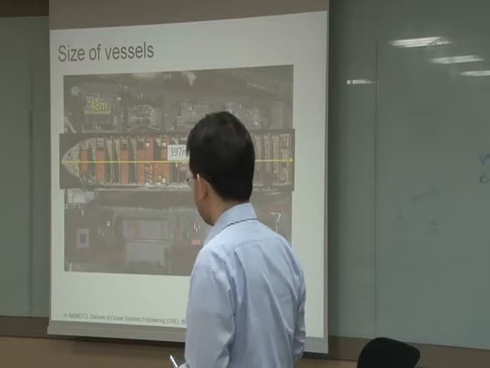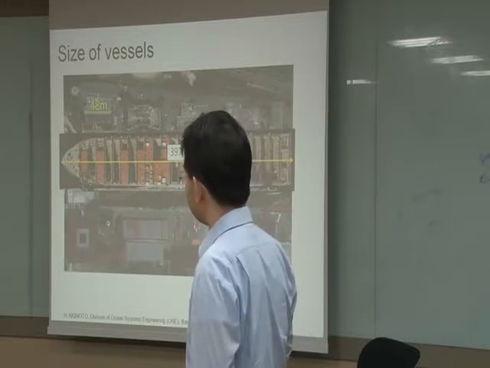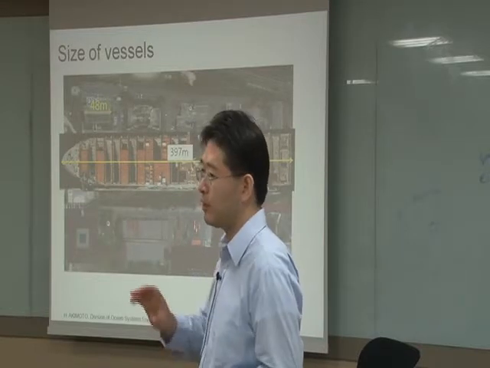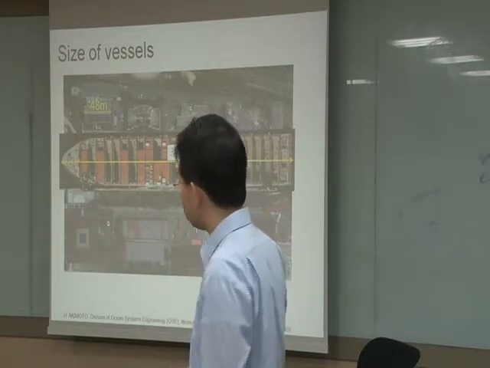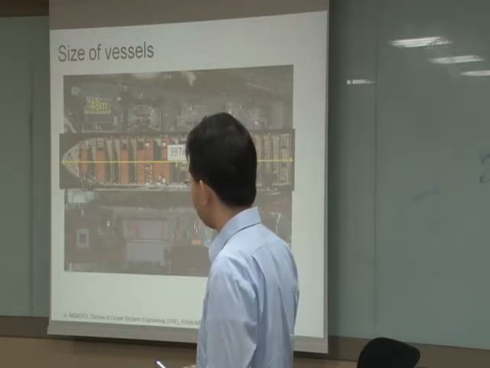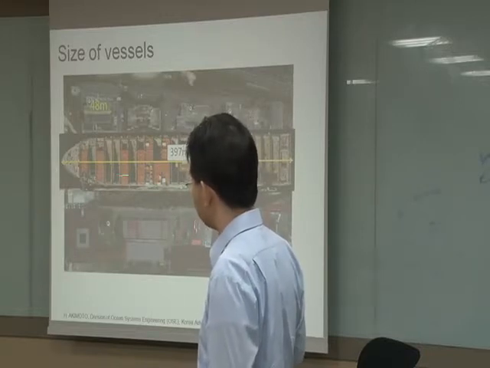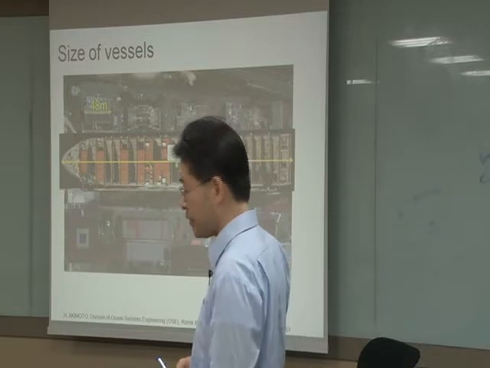Okay. Tomorrow you will see some container ships, but Incheon port does not have sufficient water depth, so the vessel size is slightly small. But please check the information tomorrow, and compare the size to the present largest vessel in the world.